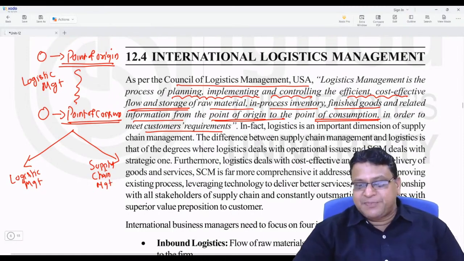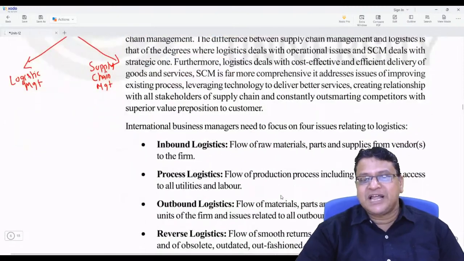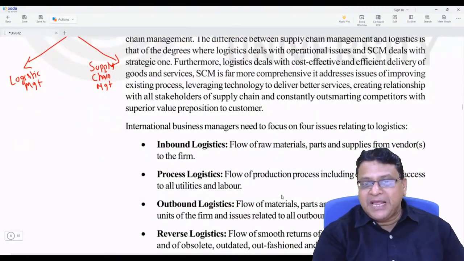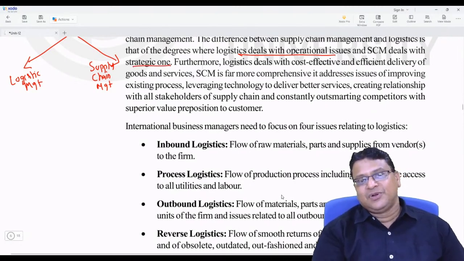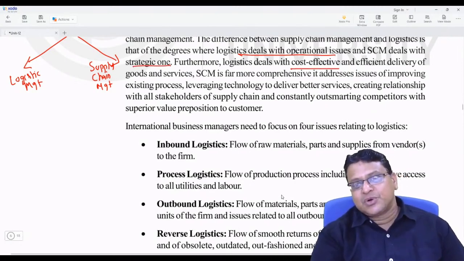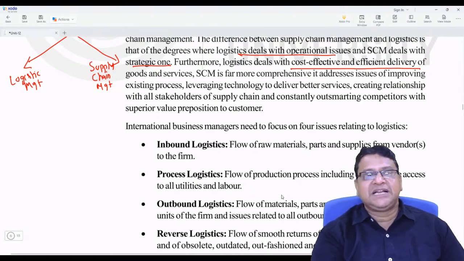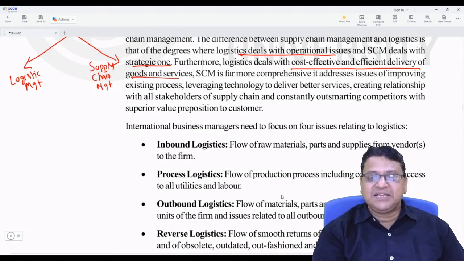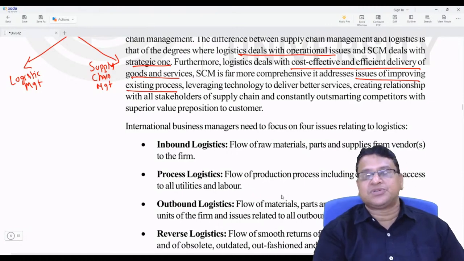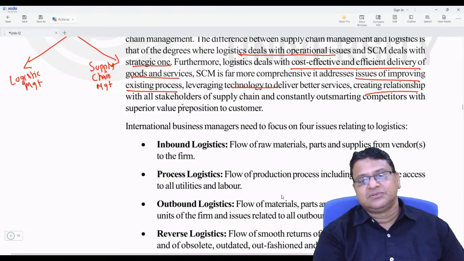Logistic management deals with operational issues, whereas supply chain management deals with strategic issues. Logistic management deals with cost-effective and efficient delivery of goods and services, whereas supply chain management addresses issues of improving existing processes, leveraging technology, and creating relationships with stakeholders.